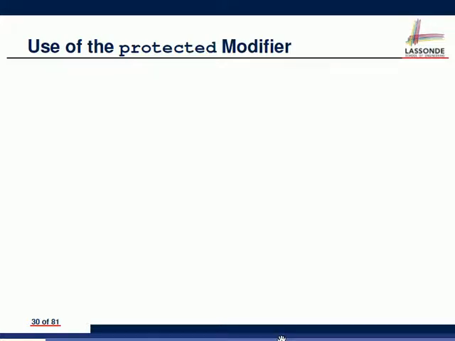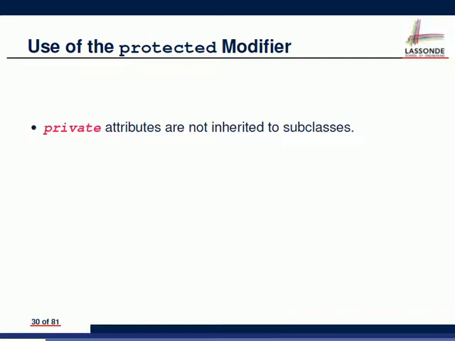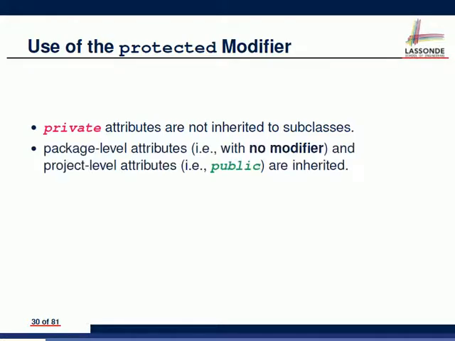First of all, private attributes are restricted to the current class only, excluding even subclasses. If you have no modifier, anything inside the current package can get access to it. And public gives you project level visibility: any class within the project, across packages, can get access to it. You can refer to the lecture from before.